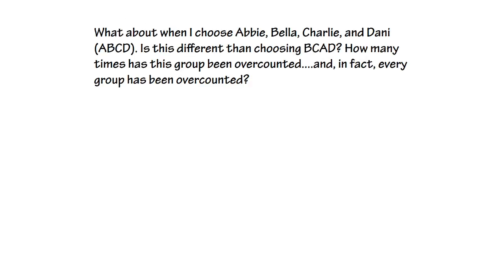I set this up over here on another slide. It says, what about when I choose Abby, Bella, Charlie, and Danny, specifically A, B, C, D to make my life easy here? Is that a different committee than choosing Bella, Charlie, Abby, and Danny? Is that different? No, that is the exact same group, same committee.